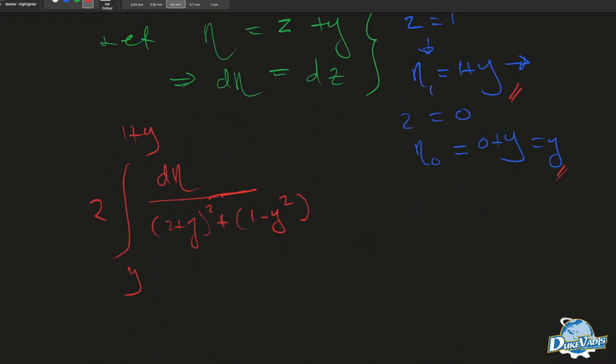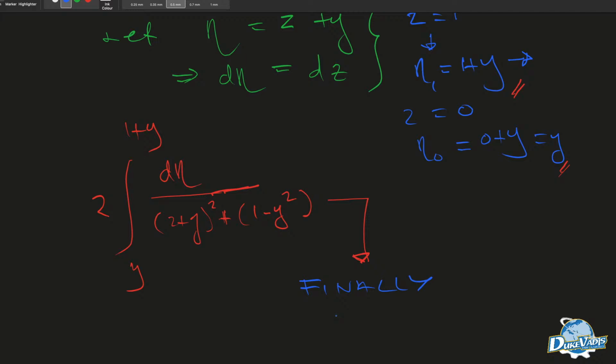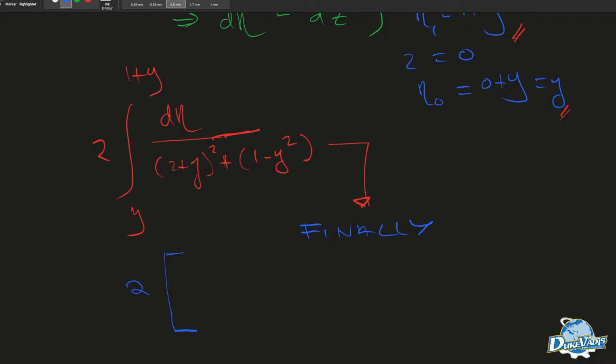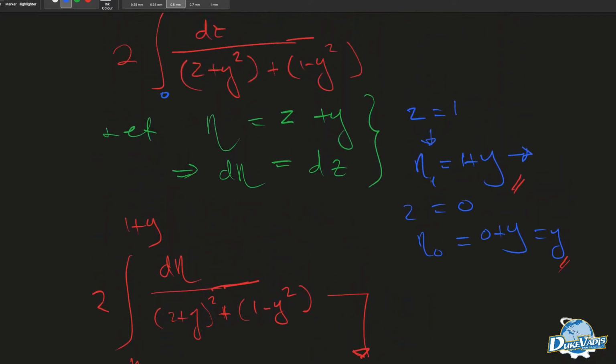So now our final integral, when we integrate this, finally, we are going to get 2 out of all. Then, if you look at xi over here, the xi over here is equal to that.